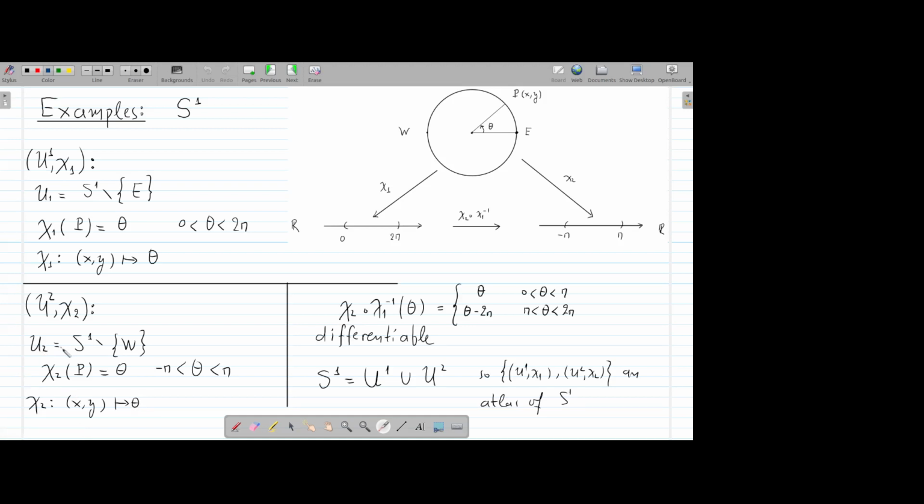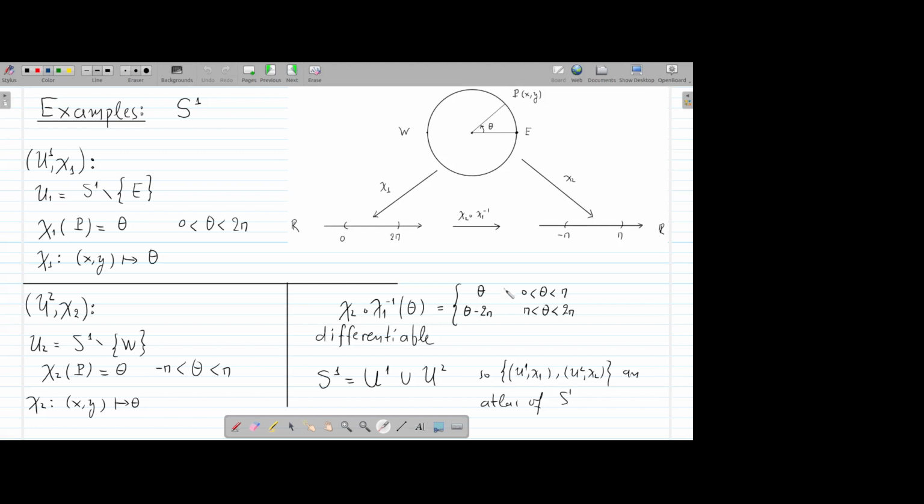The coordinate transformation, or the transition map, can be easily defined. Of course, it has to be defined on the intersection of the domains of those two functions and has to exclude both the points E and W. So if we consider the transformation from the U1 chart to the U2 chart, then we have to use the inverse map chi1 to go to the point P, then use chi2 to obtain a different angle.